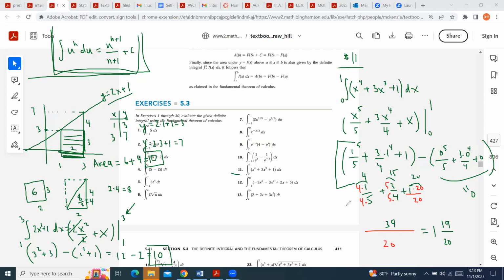So I would say the suggestion is, when you come to this point, put this all in the calculator, because otherwise the arithmetic here was nice, and the reason I selected it was very nice limits, 0 and 1. 0 is my favorite. When you plug it in, everything turns into 0, so you don't have to calculate. And 1 is next favorite. But if you would select something nasty, like say here in exercise 13, limits are 2 and 5, well, you would be sunk in the arithmetic at this last stage.